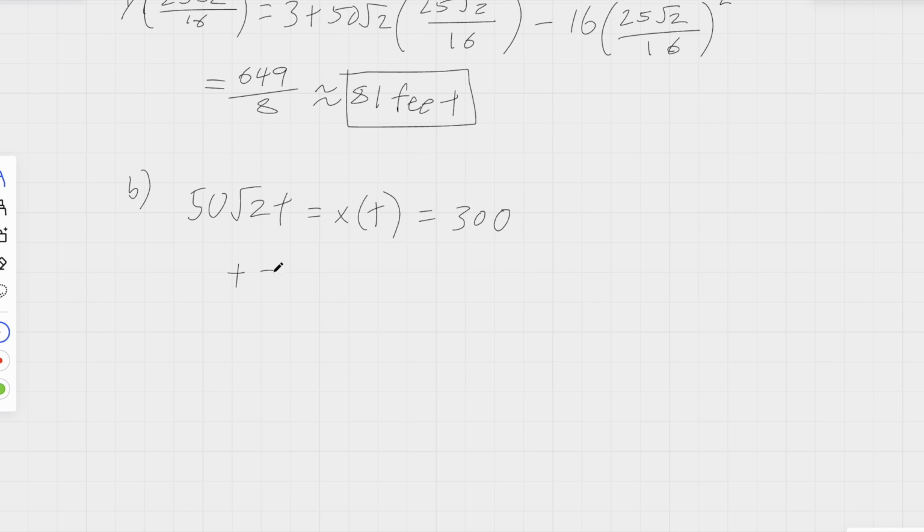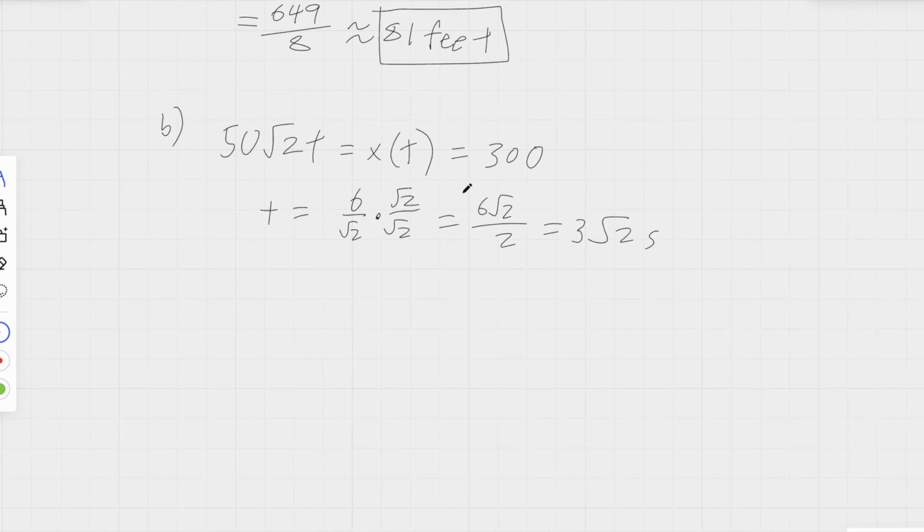We get t is equal to 6 over root 2, and then we can rationalize this. You get 6 root 2 over 2, which is 3 root 2 seconds.